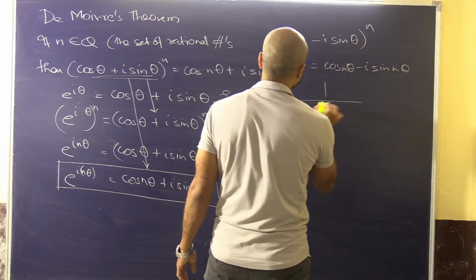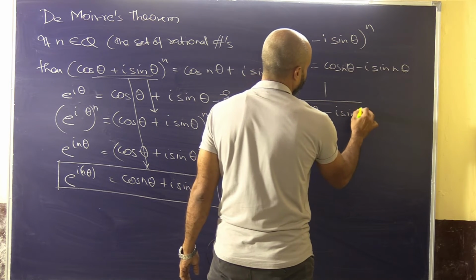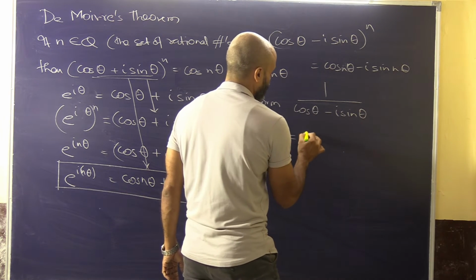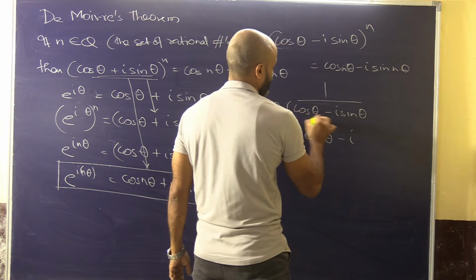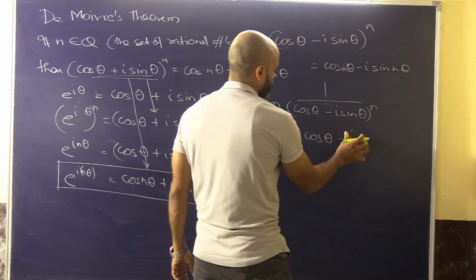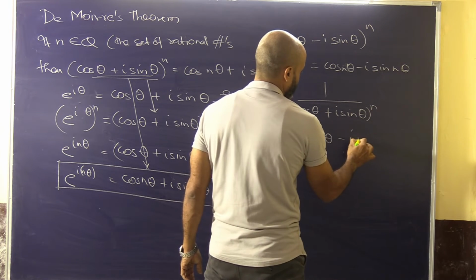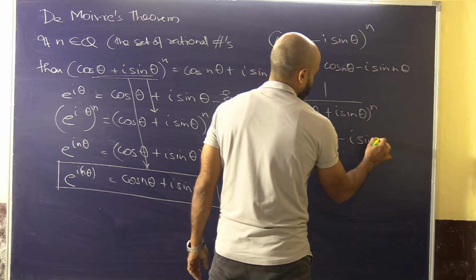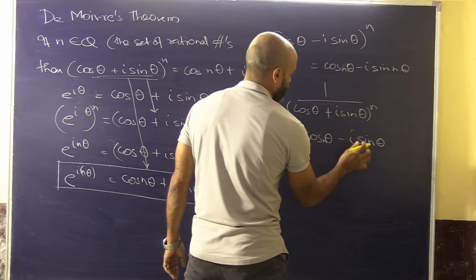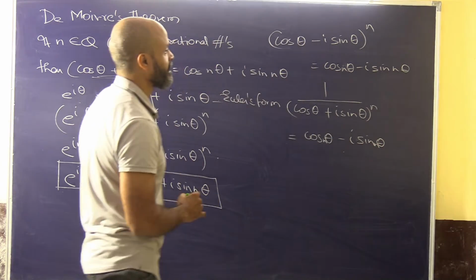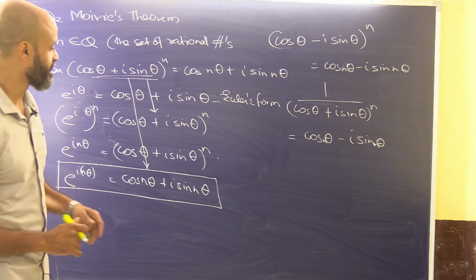If we have 1 by (cos theta minus i sin theta), to the power of n, this will be cos n theta plus i sin n theta. Okay, so these are certain forms of De Moivre's theorem which we need to understand.